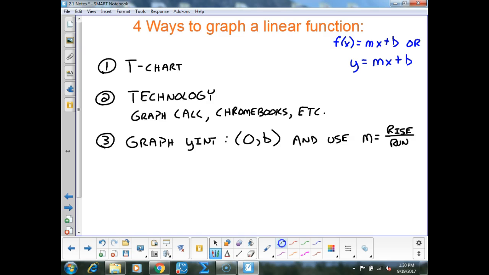My guess is that's how you all graph lines. Plot your y-intercept, use rise over run, get 3 or more points.